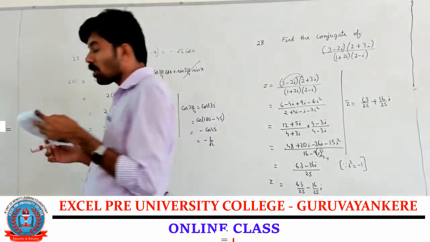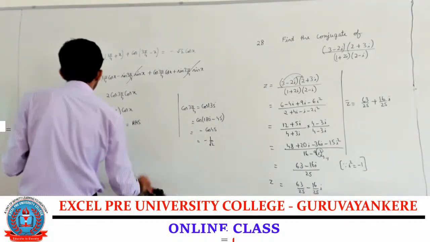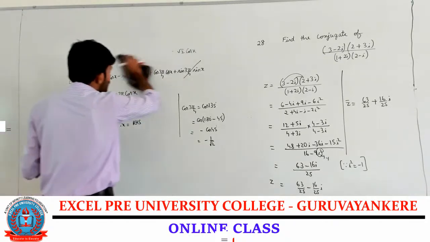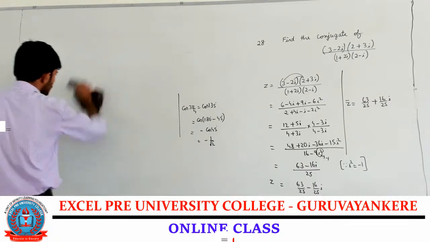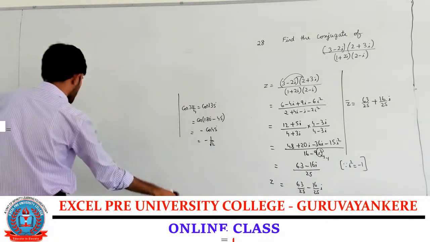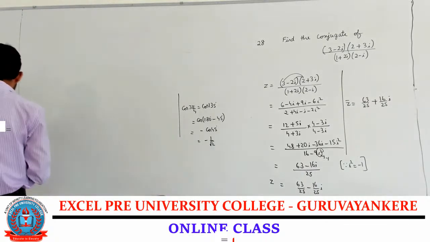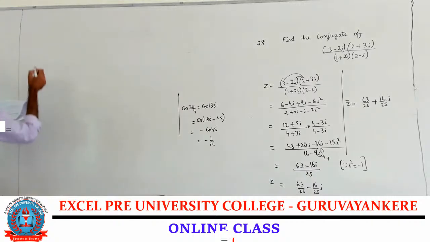29th, solve the equation. Always you can expect one question of this type. Solve the equation 3x square minus 4x plus 20 by 3 equal to 0.